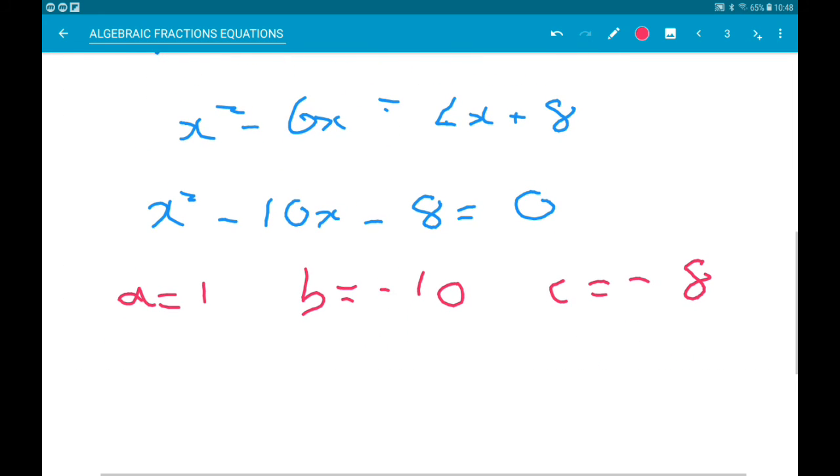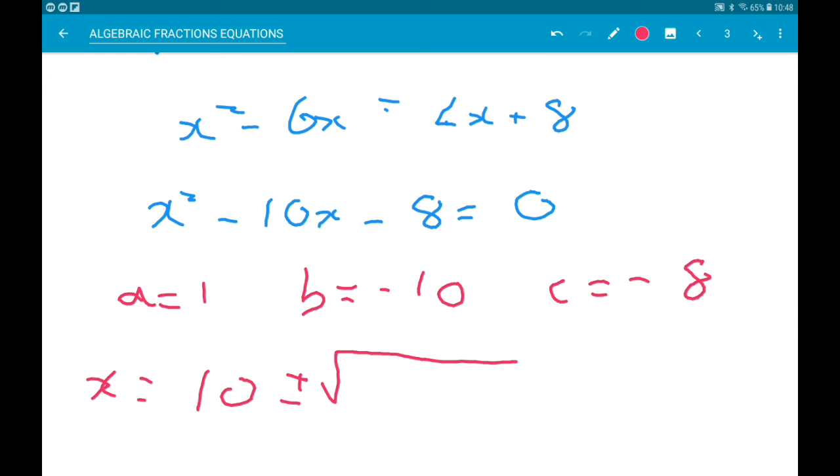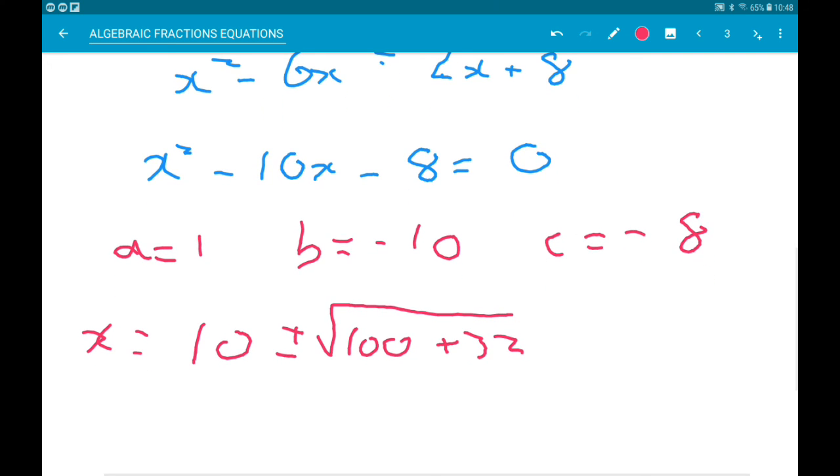So x is equal to minus minus 10, so that's 10, plus or minus square root of minus 10 squared, so that's 100, minus 4 times 1 times minus 8, so that's add 32, and then that's all over 2 times 1, which is 2.